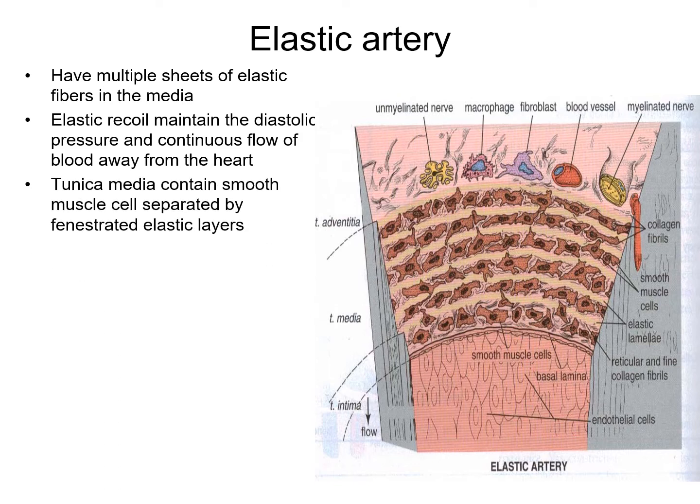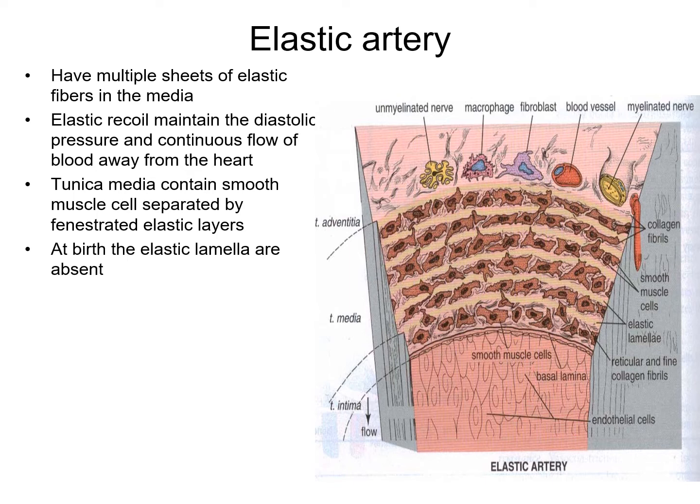The tunica media contains smooth muscles which are separated by fenestrated elastic fibers, and through these fenestrations only the nutrition from the lumen passes to the wall of the vessels.